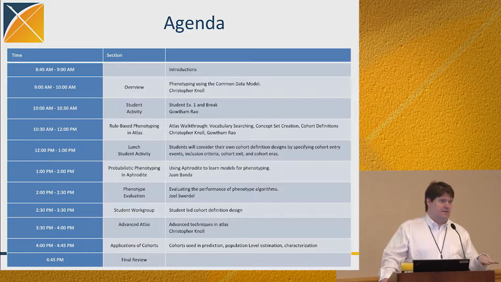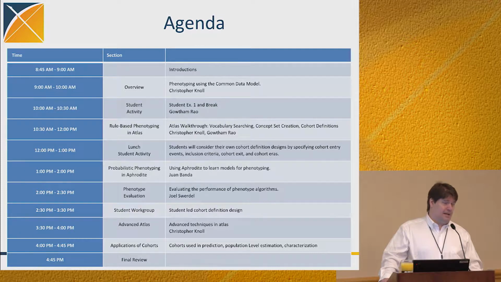From 10:30 to 12, we'll be doing the Atlas walkthrough and instructions. We'll have an hour break for lunch. After lunch, we'll do probabilistic phenotyping, talking about the same types of populations that we saw in the paper, but using Aphrodite and probabilistic phenotyping. And then Joel will present information on how to evaluate phenotypes and cohort definitions.